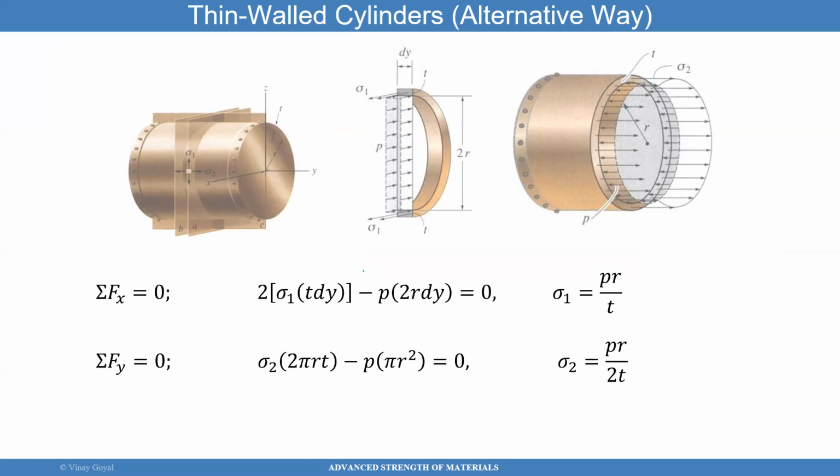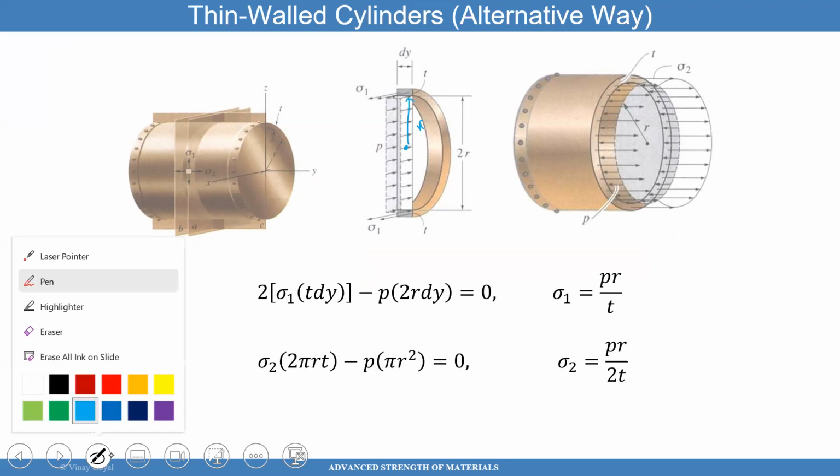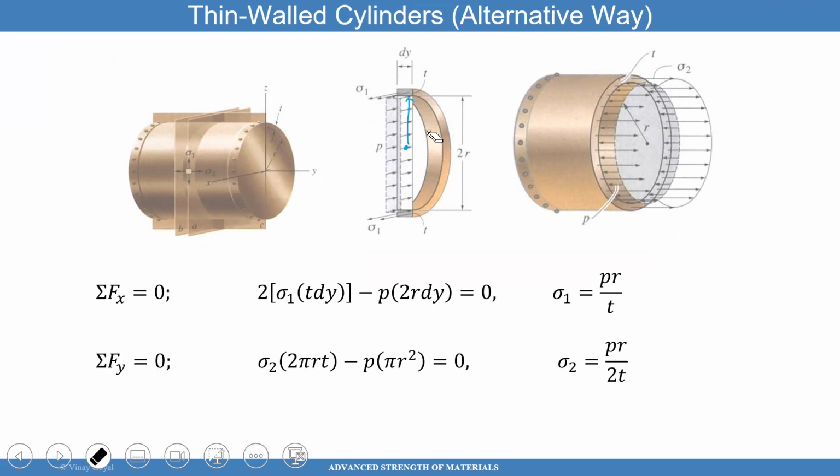So let's just do it together. So if this radius is r, say, that radius r. And the width of that little ring, let me call it h. I used dy here, but just call it h for now.